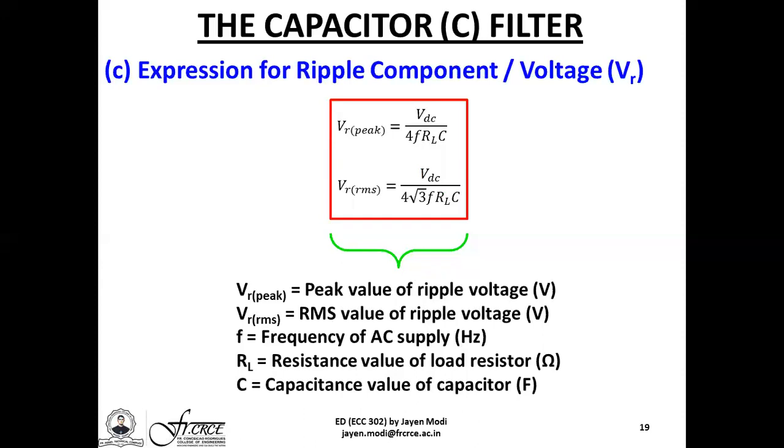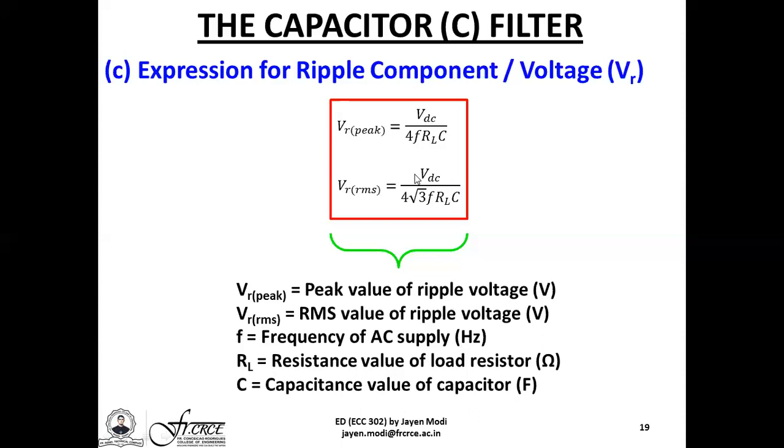We have the expressions for the ripple voltage given by VR peak equal to VDC upon 4FRLC, whereas the RMS value is given by VDC divided by 4 root 3 FRLC. One very interesting point to note here is that although the RMS value is derived from the peak value, you do not have a root 2, but a root 3.